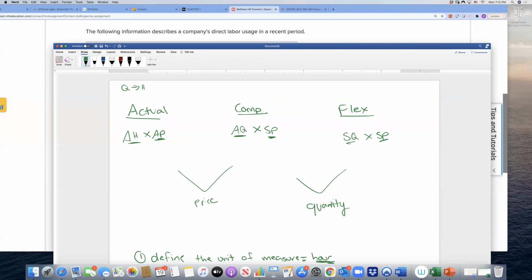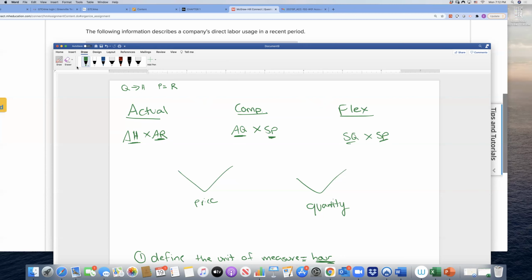It doesn't change the mechanics of what we're doing. It's just the way we talk about someone's work. Also, you don't say, hey, what price do you charge for your labor? No, we would say, what is your labor rate? So instead of P, we're going to make that an R, rate. Q is now H and P is now R.